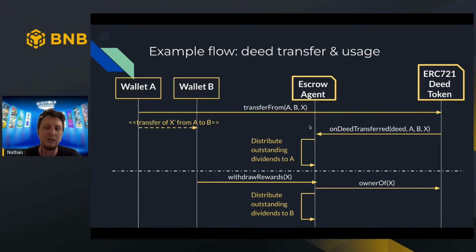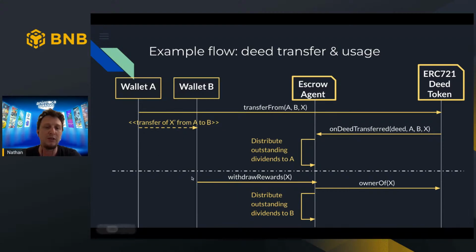Here, as an example, we are in a staking contract, so there are outstanding dividends. At this moment, this staking contract would take care of distributing the outstanding dividends to A right before B takes over as the beneficiary of the dividends.